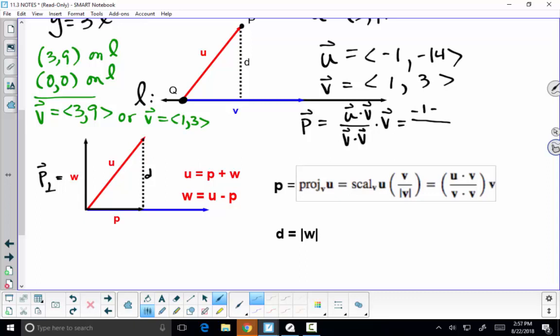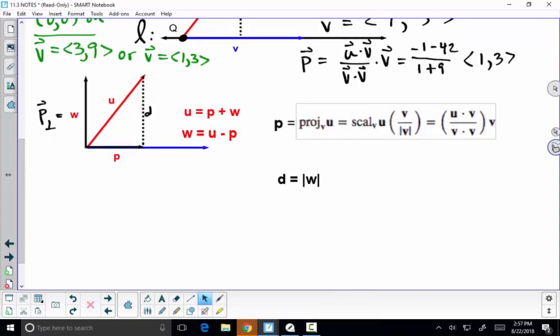Is that right? 30 plus 12. No, that's not right. 42, right? Started thinking about cars. That's not right. There's not 3 14s. That's 42, correct? 30 plus 12. And then v dot v is going to be 1 plus 9. And then vector v, we just leave it as it is, in component form.